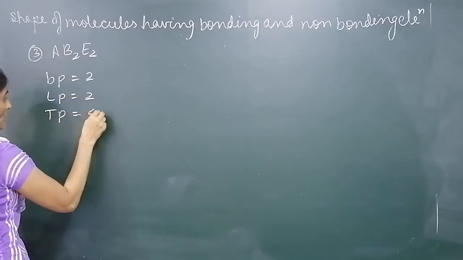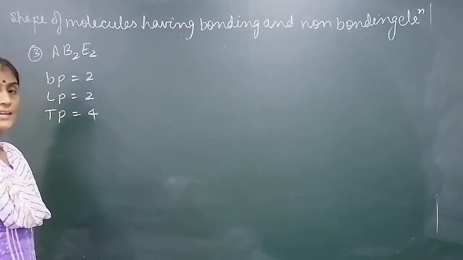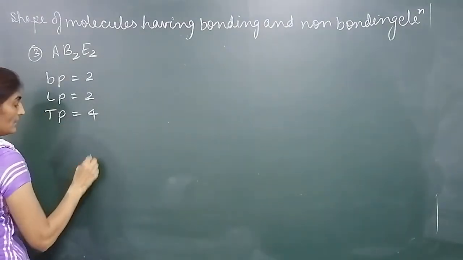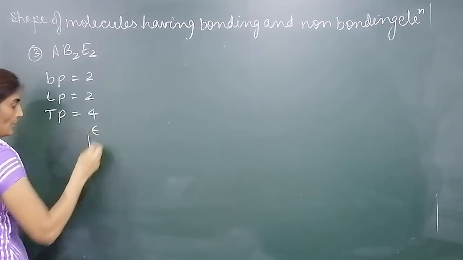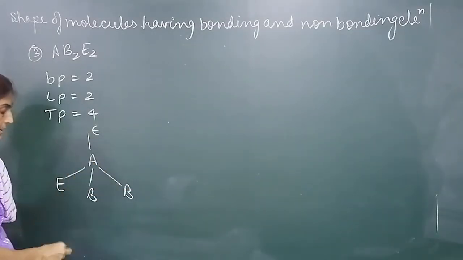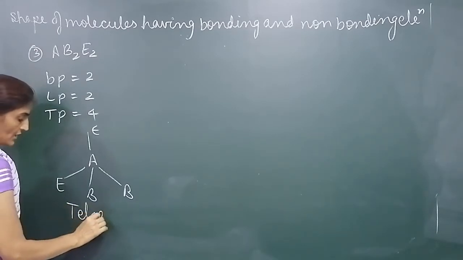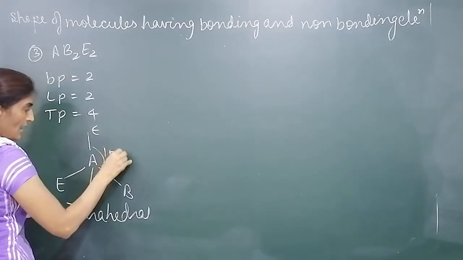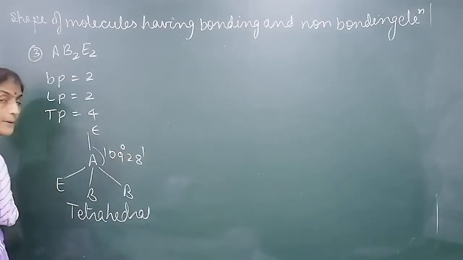Total pair of electron? 4. I told you, as there are 4 pair of electron, the geometry must be tetrahedral. This is lone pair, this is lone pair, this bond pair, and this bond pair. Tetrahedral geometry should be there. Bond angle must be 109 degree 28 minutes.